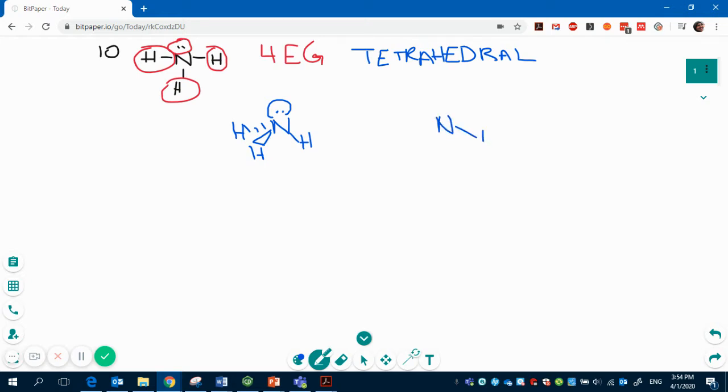And remember, because we're dealing in 3 dimensions here, there's a lot of different ways in which we can represent each of these molecules. This is one way I could easily represent it. Maybe something like this as well.